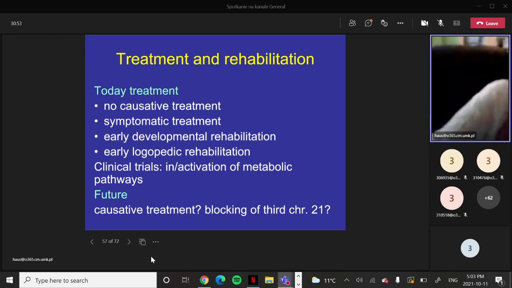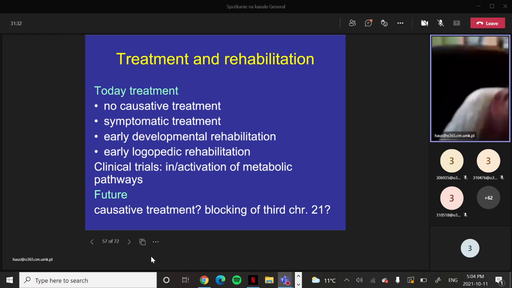Treatment and rehabilitation. There is no causative treatment of trisomy 21. There is only symptomatic treatment. We treat only the symptoms. There is no cure for Down syndrome, of course. What is the most important? The most important is early developmental rehabilitation, which includes also early logopedic rehabilitation.